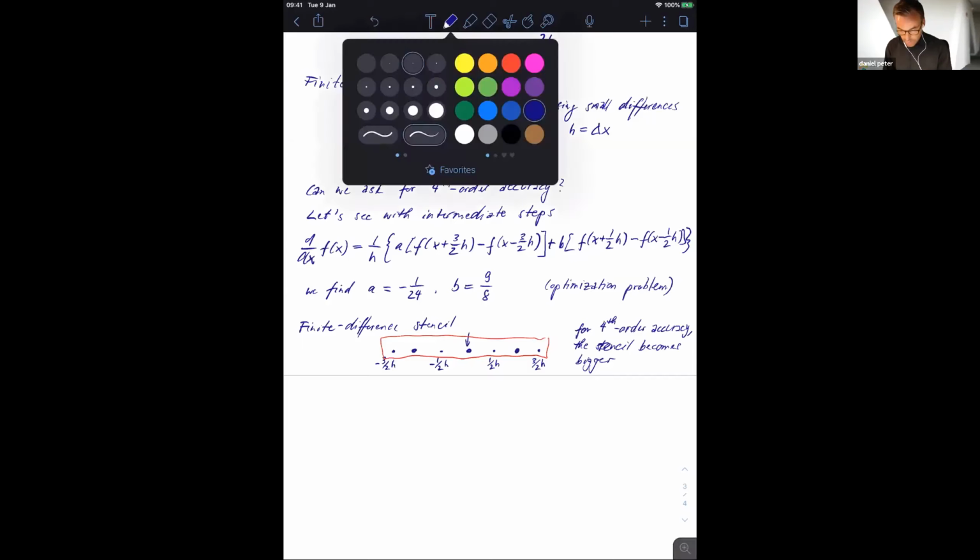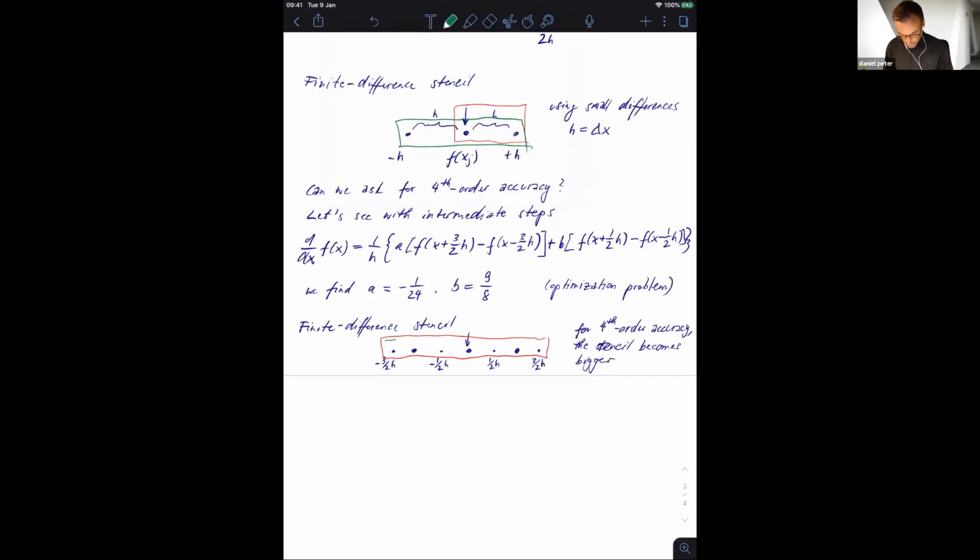So here you have these 4 neighbor informations that you include for your stencil. And then you achieve a fourth order accuracy. Above we had 2 neighbors and we achieve second order. If you only take 1 neighbor, you achieve a linear, first order scheme. Okay. And so you see where it goes basically.